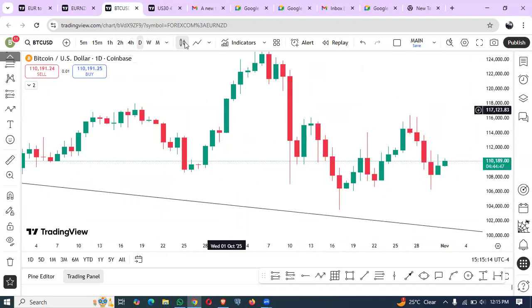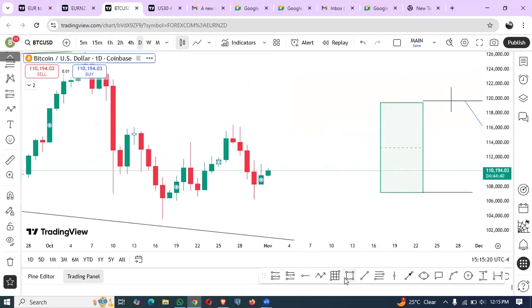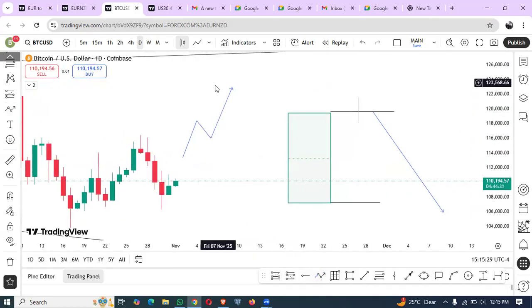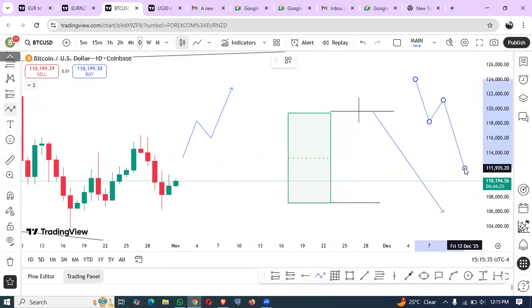After you have checked your higher time frame condition, you go to your 4 hour and H1. What are you looking for? Just simple structure. If the market is bullish, you see an impulsive push, a little correction, impulse. If the market is bearish, you look for the reverse of this: impulsive sell, a little correction, and impulse.